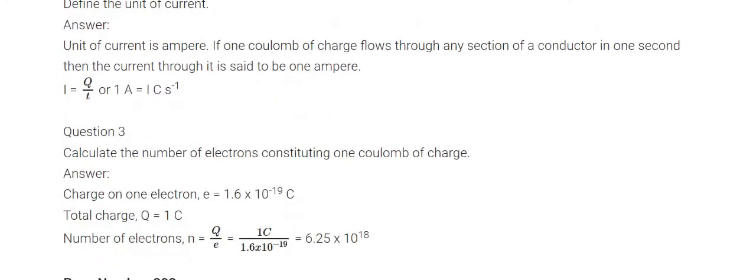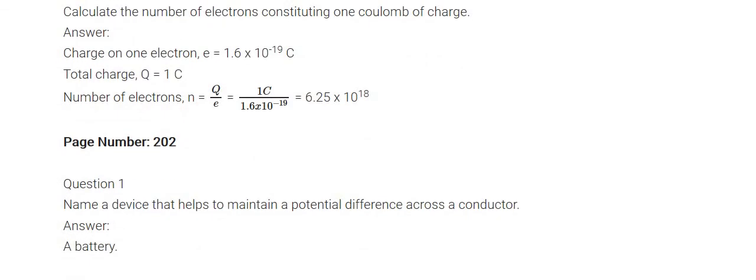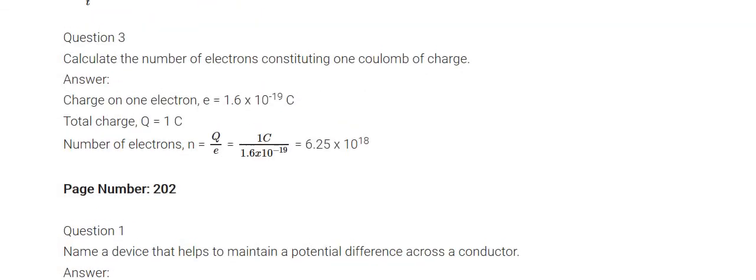Let's see question number 3. Calculate the number of electrons constituting 1 coulomb of charge. As we know, 1 electron possesses 1.6 into 10 raised to minus 19 coulomb. So the total charge Q is equal to 1 coulomb.